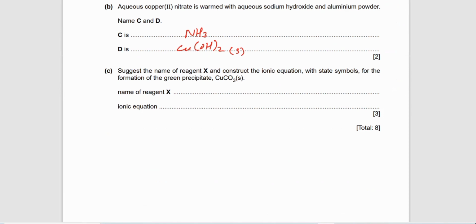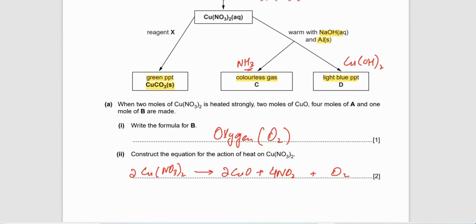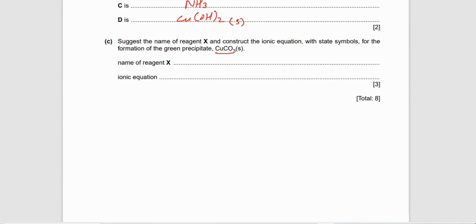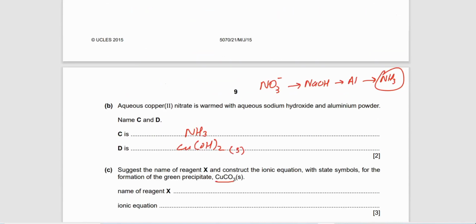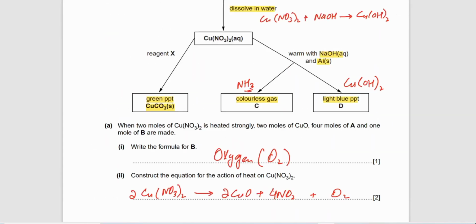Suggest the name of the X and construct an equation with state symbols for the formation of the green precipitate of copper carbonate. So what will be the X over here? X is definitely, I think, hydrogen carbonate. Let me try it. Anything which has the carbonate.